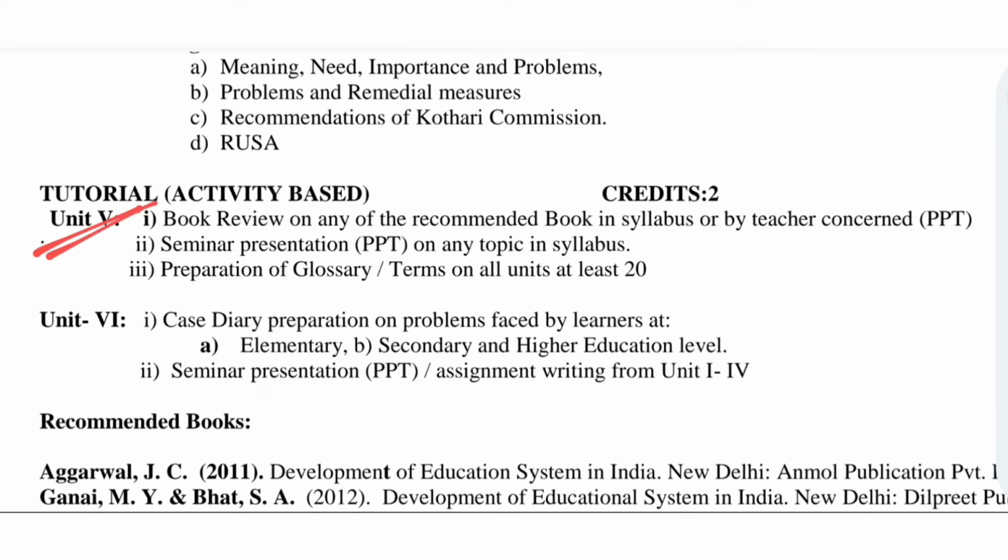Now let's discuss the tutorial, which is activity based and is having 2 credits. And in this tutorial portion you have 2 units, that is unit 5th and unit 6th. Unit 5th is book review of any of the recommended book in syllabus, or by teacher concerned, PPT.